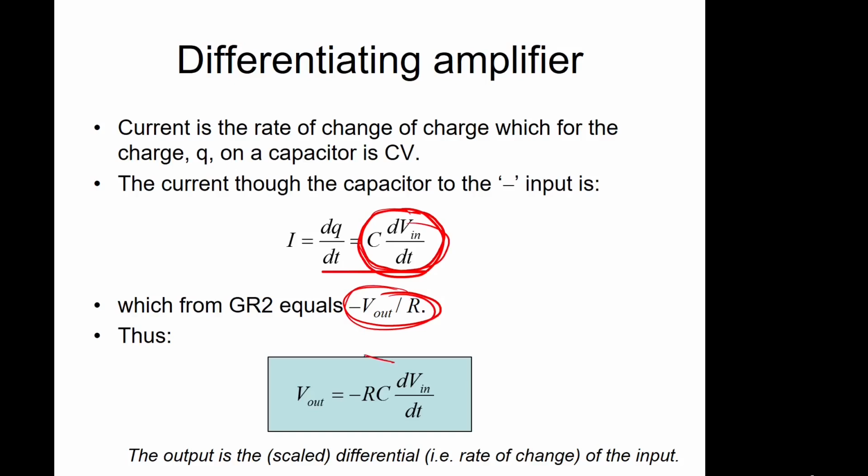We can rearrange, and therefore our output voltage is proportional to the rate of change of the input voltage, and therefore it's a differentiating amplifier. Always be careful using differentiation because it does amplify the noise, so that's just something to bear in mind.